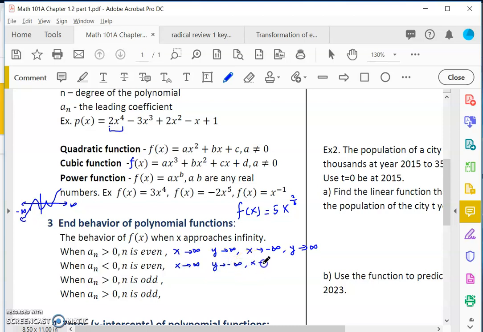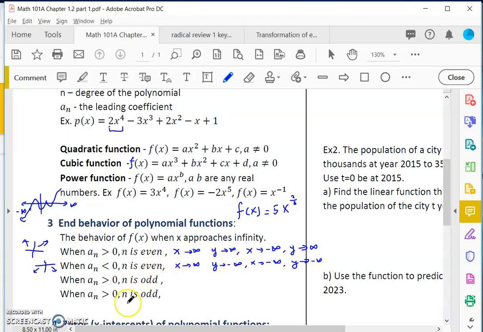And when x approaches negative infinity, y would also approach negative infinity. You can think of this as y goes up on the two sides, and in the second case, y goes down on both positive and negative infinity.